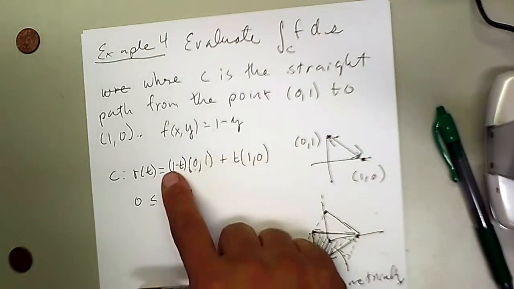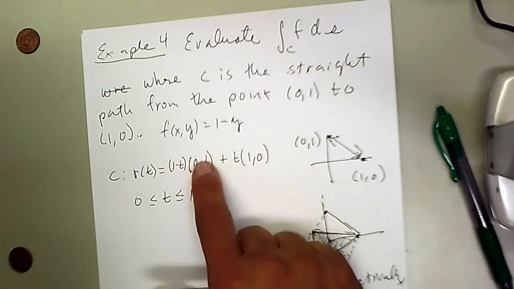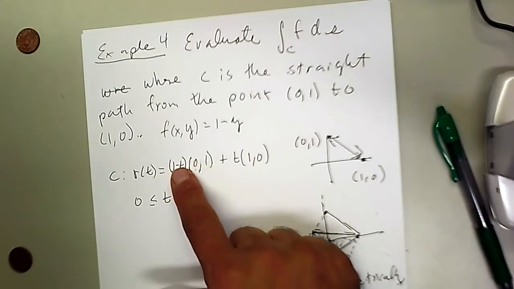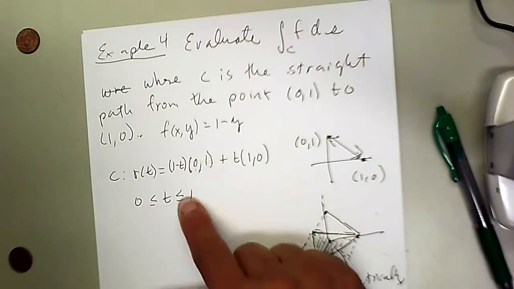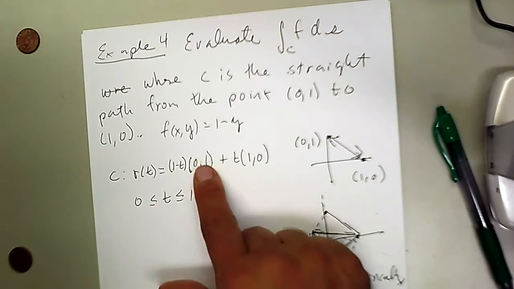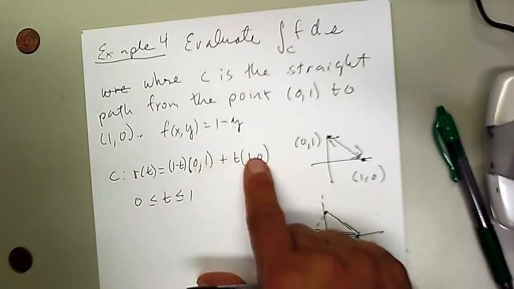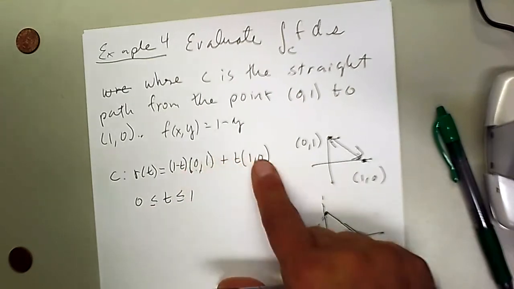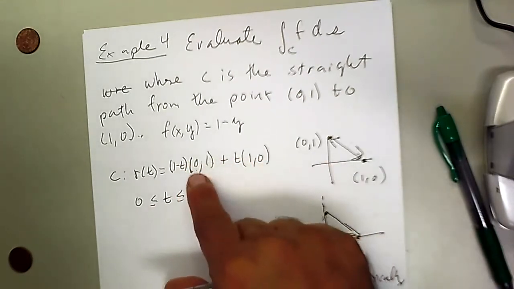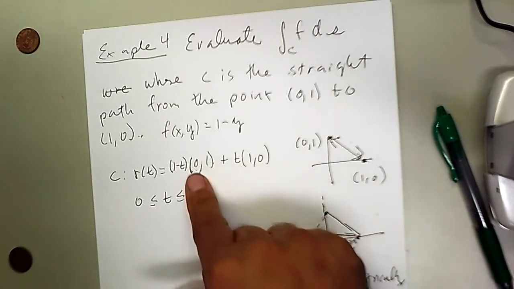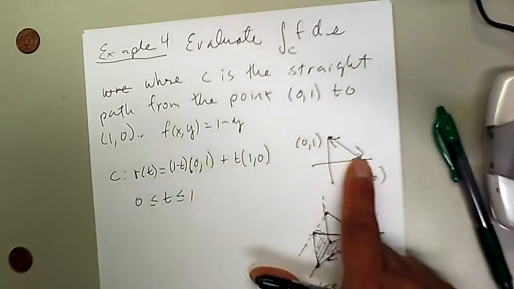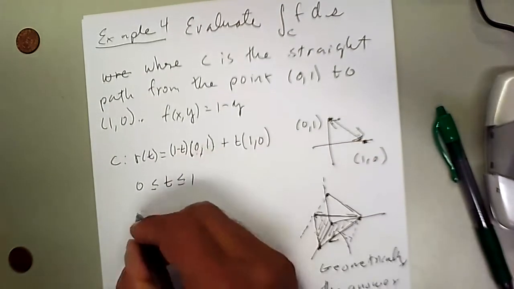So we are little by little starting with 100% of this, 0% of that. When t gets to be 0.01, for instance, as it runs from 0 to 1, we get 99% and 1% of that, 98% and 2%, 97%, 3%. And little by little, we keep adding more of this vector and less of that vector, thus traveling on this segment of line.